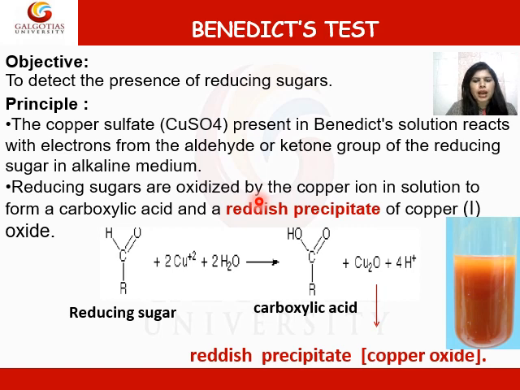Reducing sugars are oxidized by the copper ion in solution to form a carboxylic acid and a red precipitate of copper oxide. Appearance of this reddish precipitate in the test tube indicates the presence of reducing sugar.